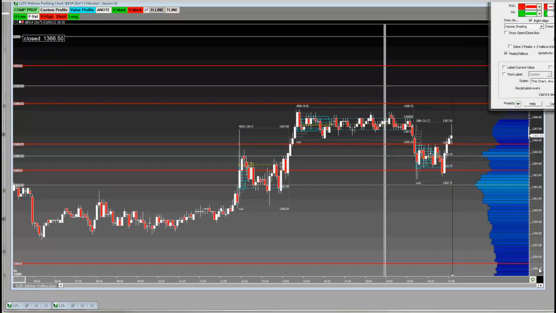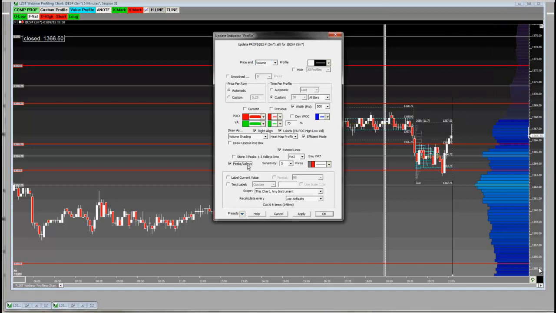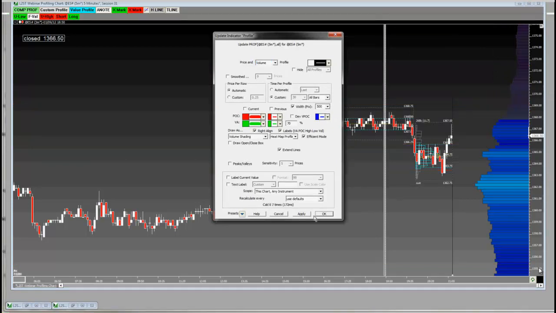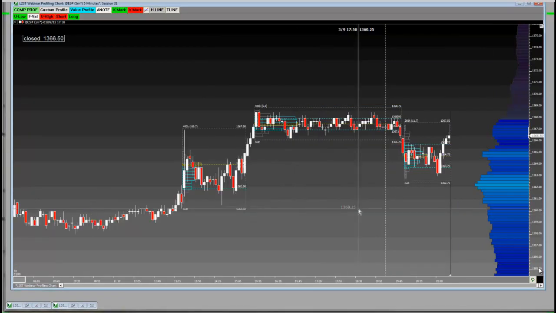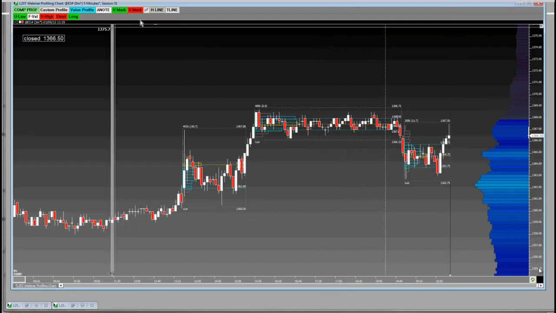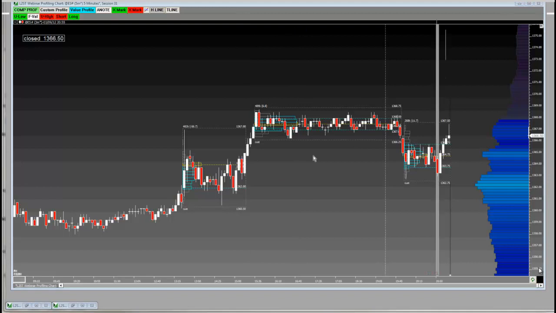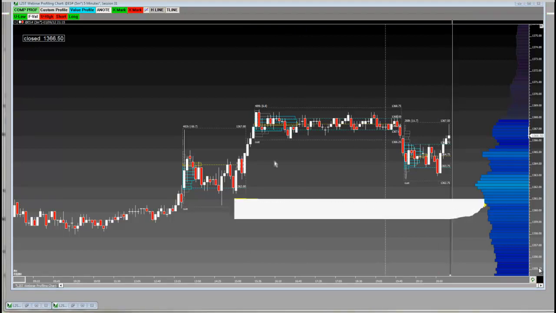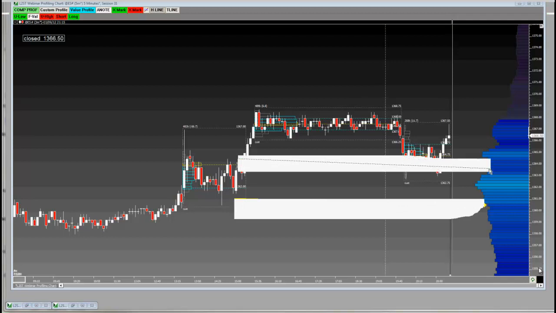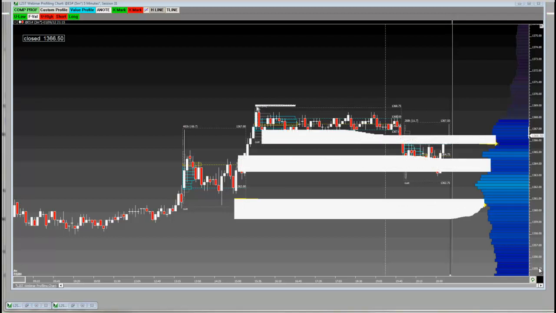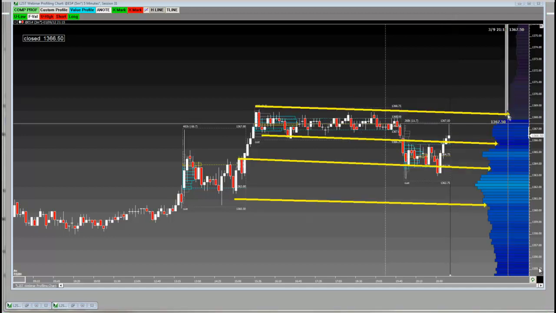Let's take the lines off the chart. So what do we got here? Low volume areas, low volume areas, low volume areas.